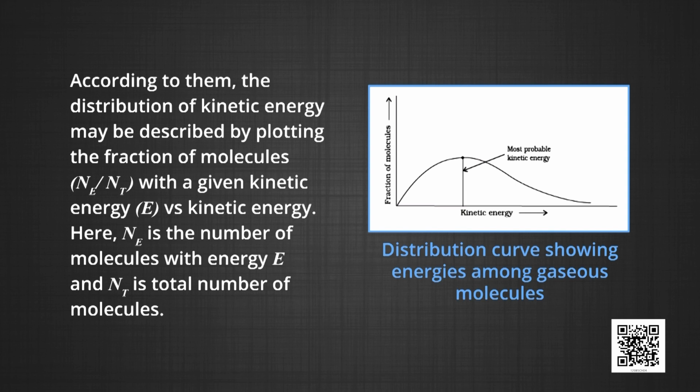Here Ne is the number of molecules with energy E and Nt is the total number of molecules. Here again you can see the distribution curve showing energies among gaseous molecules. The peak of the curve corresponds to the most probable kinetic energy, that is, the kinetic energy of the maximum fraction of molecules.